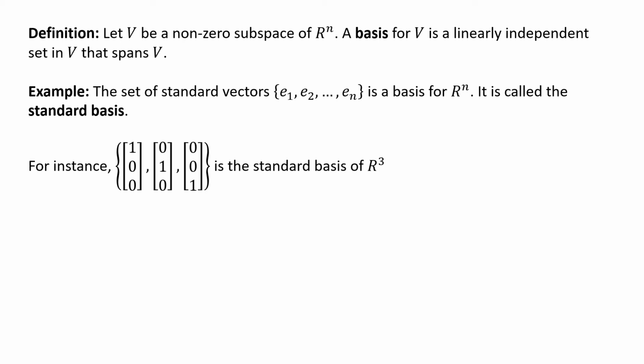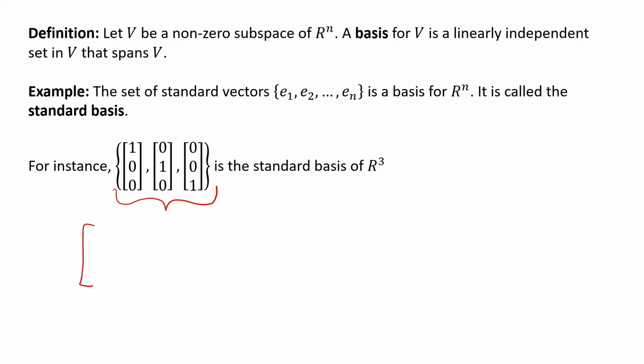So here's an example. The set of standard vectors. So what are standard vectors? The standard vectors are the vectors (1, 0, 0), (0, 1, 0), (0, 0, 1), and so on. These are a basis for Rn. So for instance, the standard basis of R3 are those vectors. You take any vector in R3, you can build it from a linear combination of those 3 vectors.